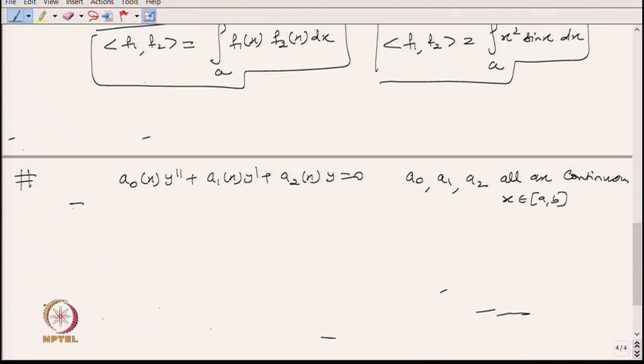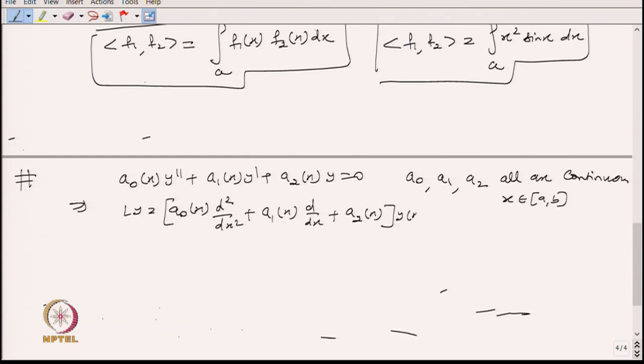So, from here I can define the operator L y as a0(x) d square by dx square plus a1(x) d by dx plus a2(x), acting on y(x).